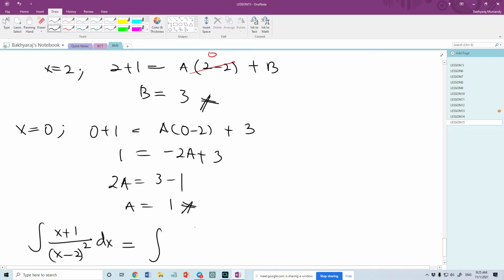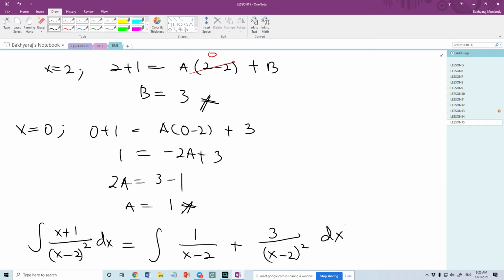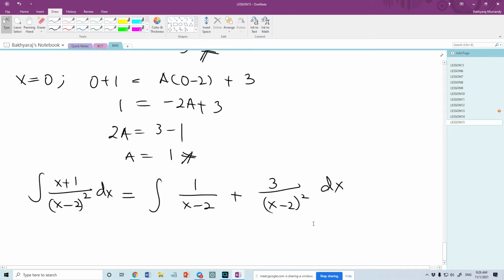A is, okay, a is 1, so 1 over x minus 2, and then plus b is 3, so 3 over x minus 2 square dx. Okay, now we're going for the integration. Okay, what is the answer?